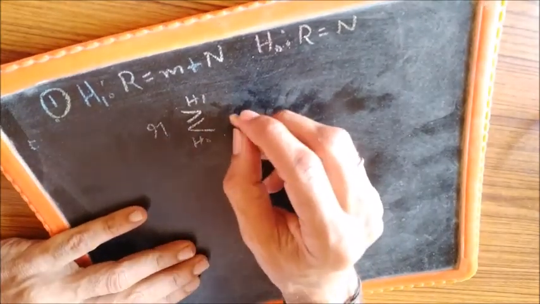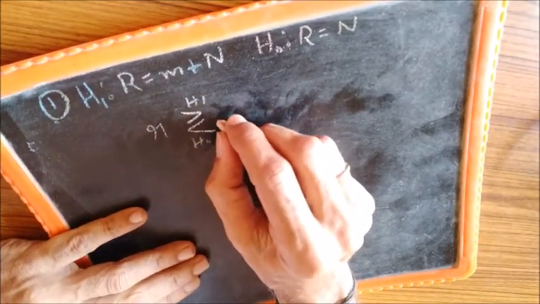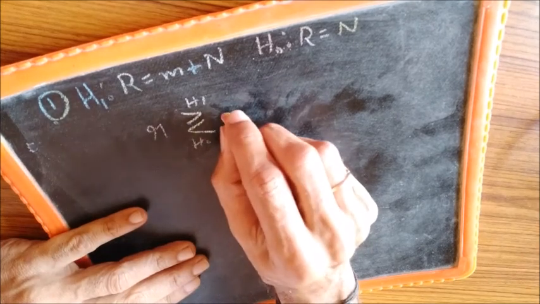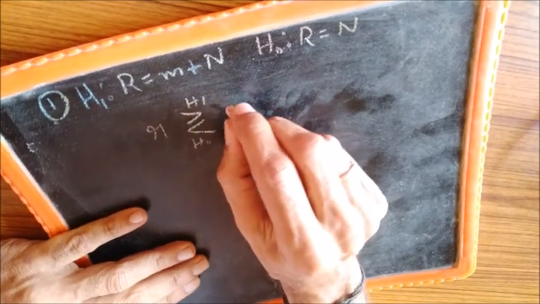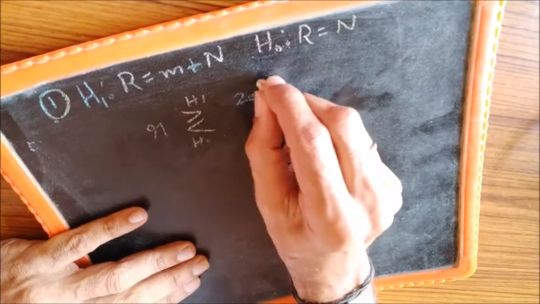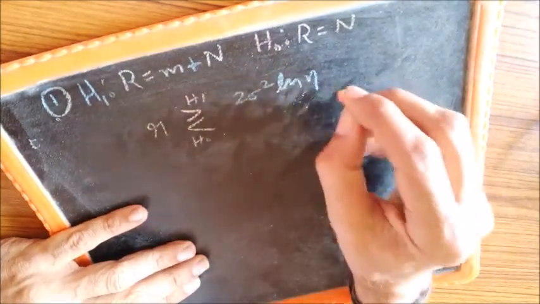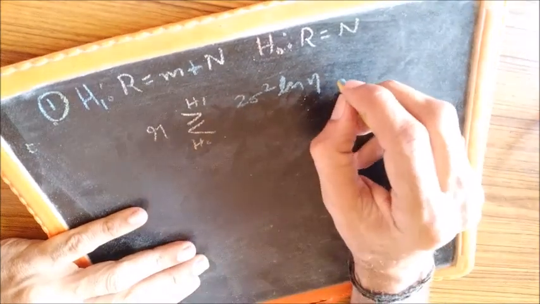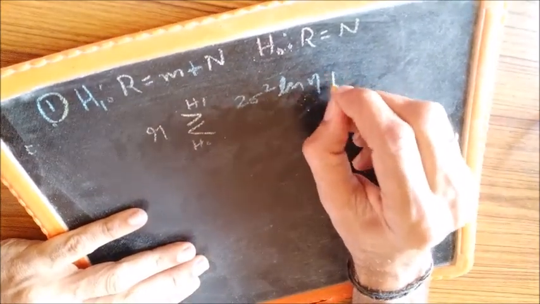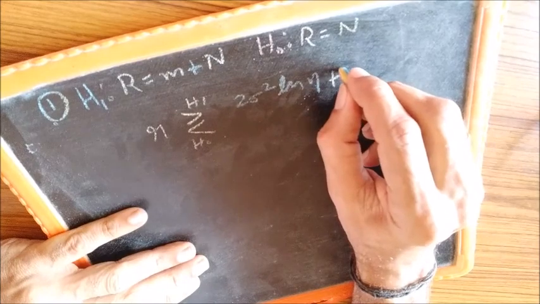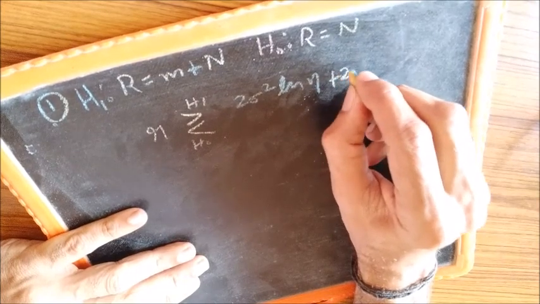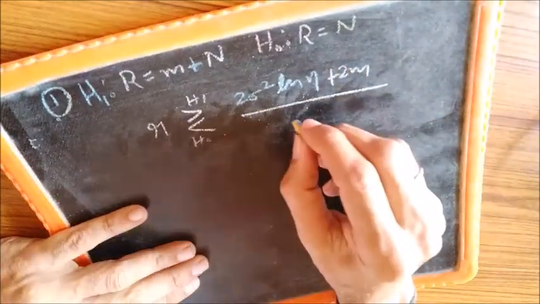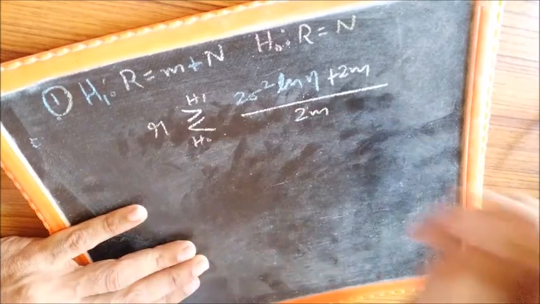So this was discussed in one of the previous examples in the video prior to the previous video. The threshold is gamma equal to 2 sigma square natural log of eta plus m square, divided by 2m.